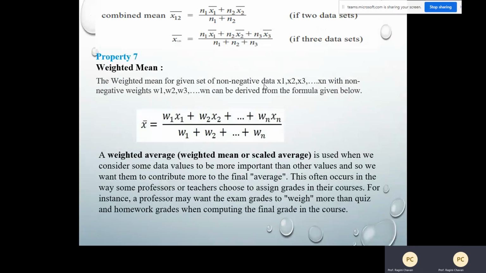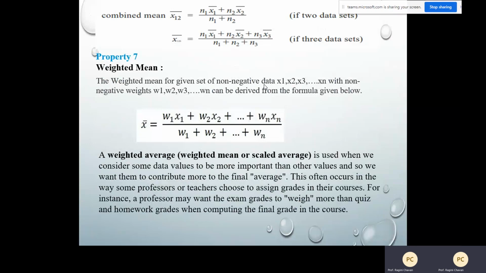Now the next property, property number 7, which is weighted mean. The weighted mean for a given set of non-negative data values x1 to xn with non-negative weights w1 to wn can be derived from the formula given below. So x1, x2, xn are the observations and wi indicates the corresponding weights.